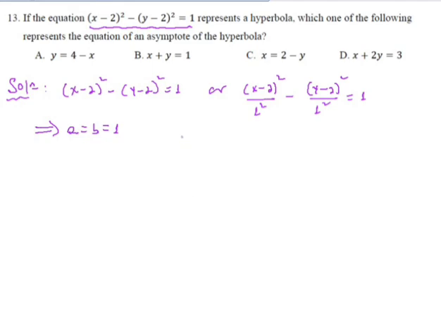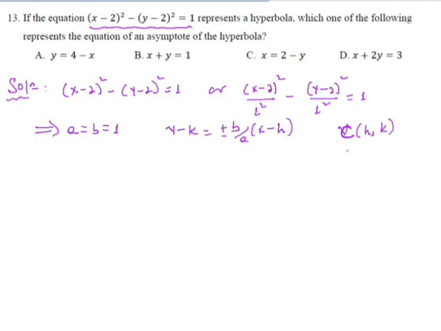The other thing is the formula for the asymptotes, y minus k is equal to plus or minus b over a into x minus h. Here (h, k) is the center of the hyperbola.